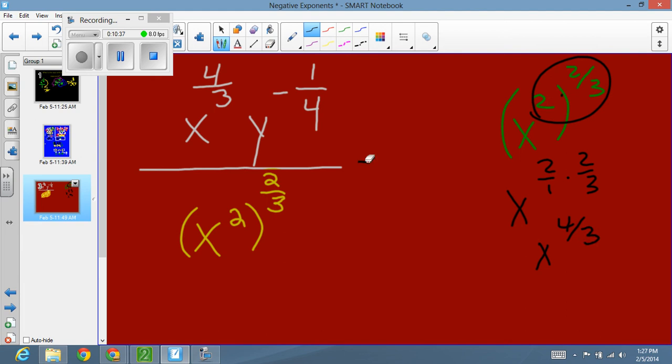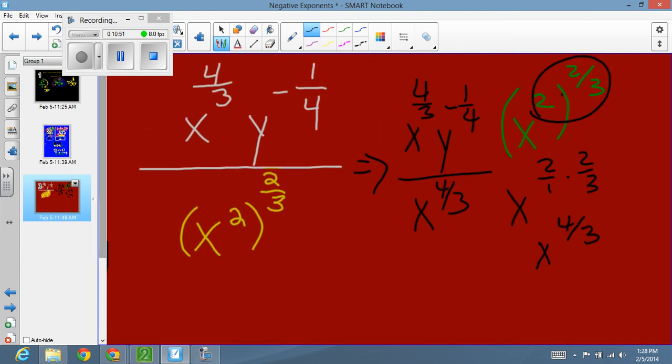So really, this now becomes x to the 4/3, y to the negative 1/4, with an x to the 4/3 down here. Okay. Now I got to get all my x's together, all my y's together. I know I'm going to move this down because it needs to become positive.